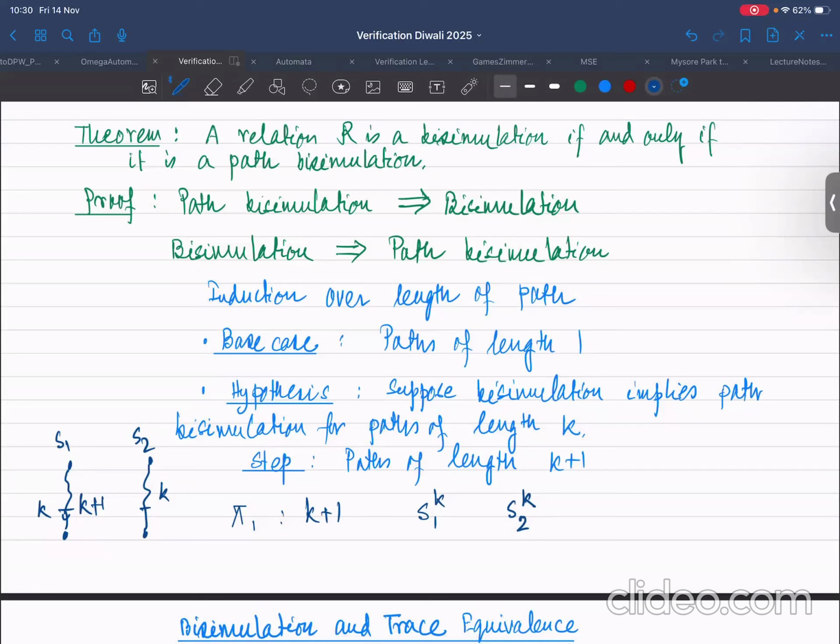If they are bisimilar, then these two are path bisimilar, so S1k and S2k are also bisimilar, right?